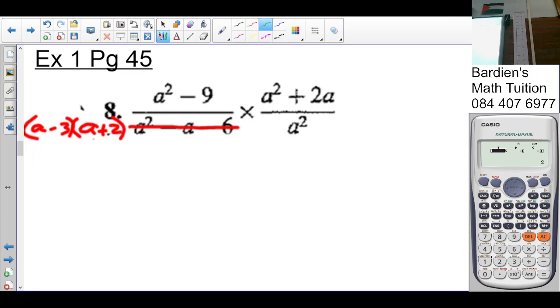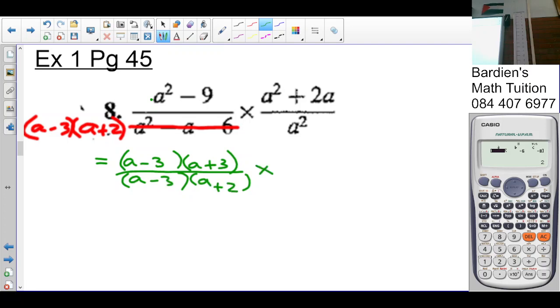So what can happen here? Difference of 2 squares is a minus 3, a plus 3 over a minus 3, a plus 2, times, sorry, a is common, and I'm left with a plus 2 over a squared, okay?